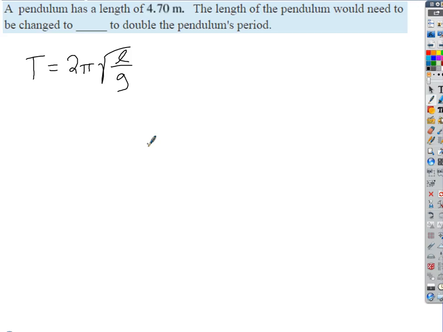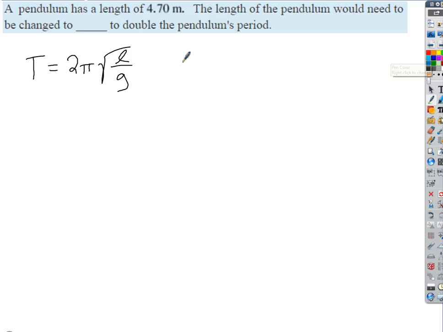And what are we trying to do here? There's a couple ways we can go about this one. Let's do this first the most straightforward way, and then see if we can come up with a slicker way of doing this that doesn't require as much writing. They give us a pendulum length of 4.70 meters, so let's write down the values of our variables. What variable is that? Length.